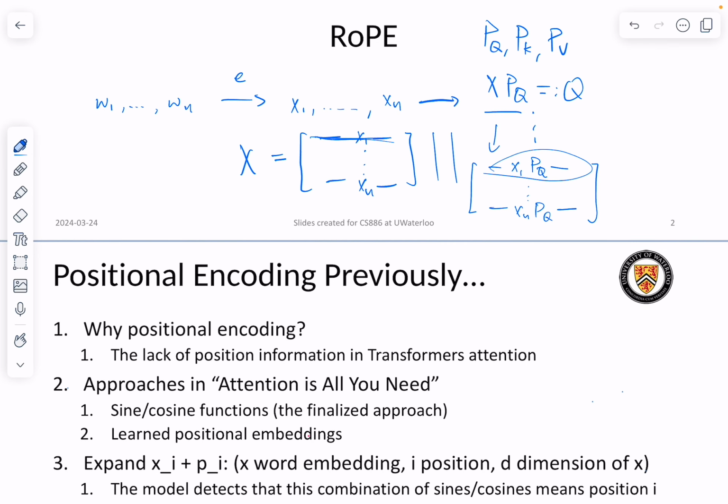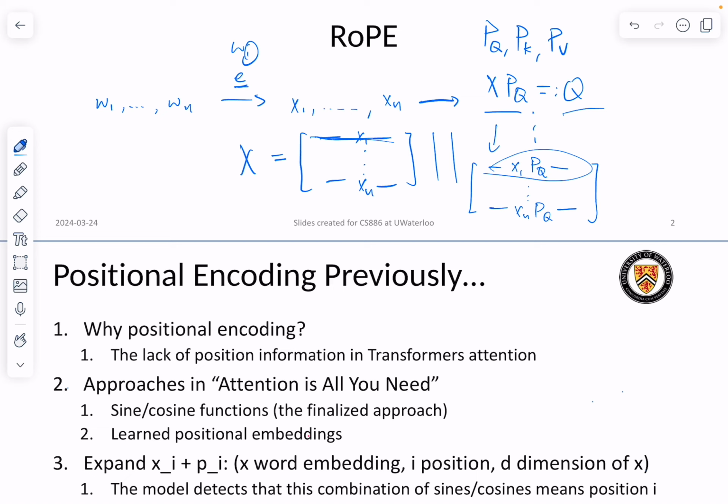But the point is, throughout this entire process, the positional information is not encoded. Here in the embedding function, it doesn't take the index i of wi into any consideration. And when we map it to Q, when we multiply by the matrix PQ, it's just matrix multiplication, so it also doesn't take the positional information of the particular word into account.